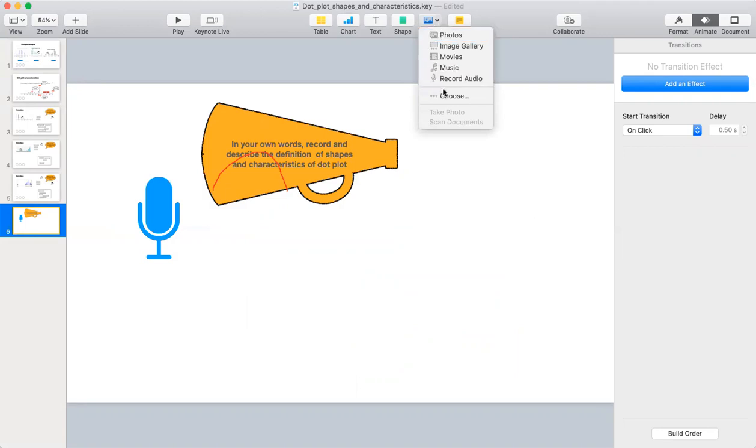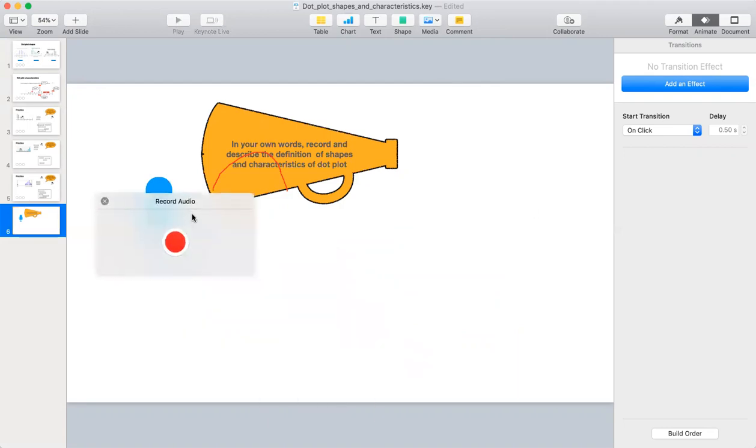You click on media, hit record an audio, and put it right here. Then in your own words, record and describe the definition of the shape and characteristics of the dot plot. You will say what symmetrical looks like, what right skew and left skew look like, and what gap, cluster, and peak look like.